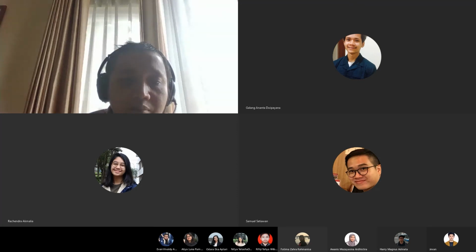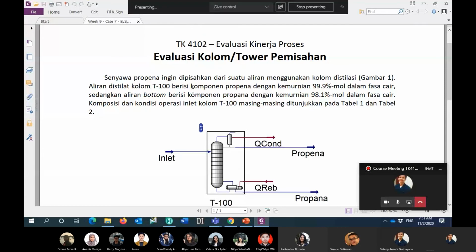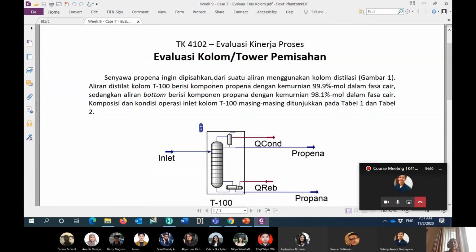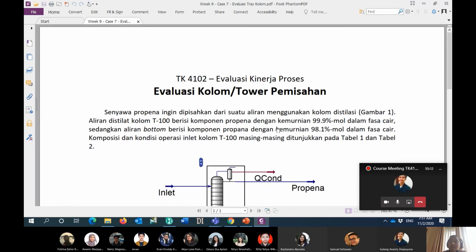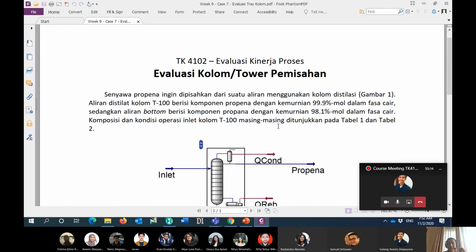I will share my full screen. Can you see the PDF? It is the file related to the column evaluation. Can you see this column, this PDF? Does it appear on your laptop?